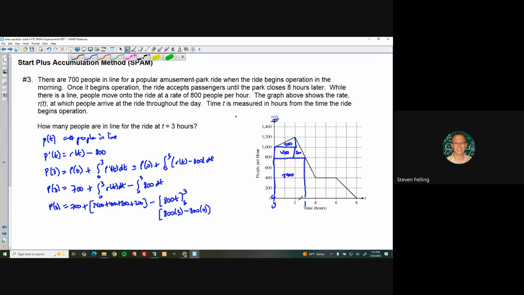Just want to make sure this is right. That is 2400. And this would be 200 times 2, that would be 400. This is that same rectangle but cut in half and also in half again. So that'd be 400, 200, and 200. Yes, this is correct. So the answer here is 1,500 people.